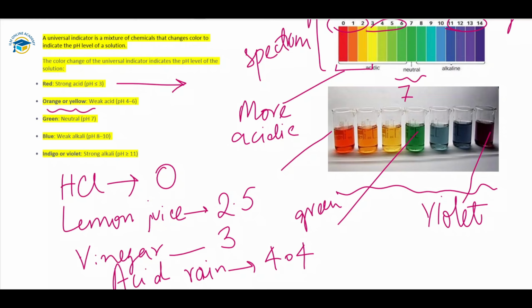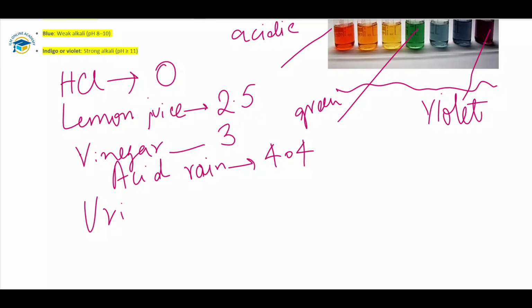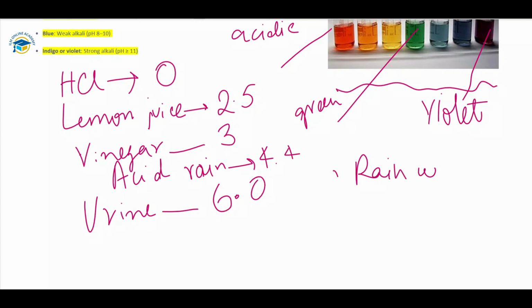And urine is also slightly acidic, which has a pH of 6. Oh, I'm sorry, I skipped the rainwater here. The rainwater has a pH of 5.6 and acid rain has a pH of 4.4, which contains the acid.